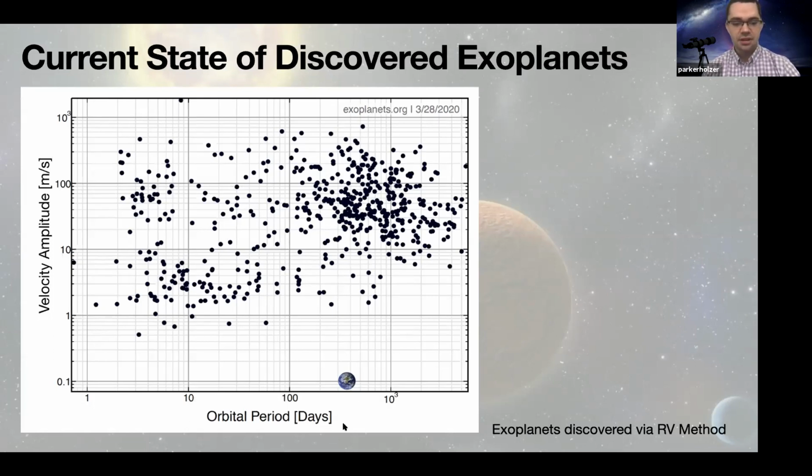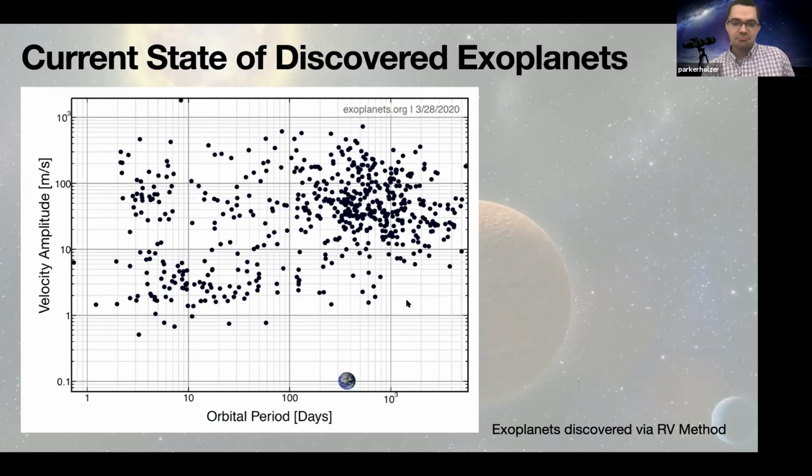On this horizontal axis is the period of the exoplanet's orbit, or how long it takes to go around its star. And on this vertical axis is the velocity amplitude, or the maximum radial velocity that that exoplanet imposes on its star. And these two basically help to characterize most exoplanets.